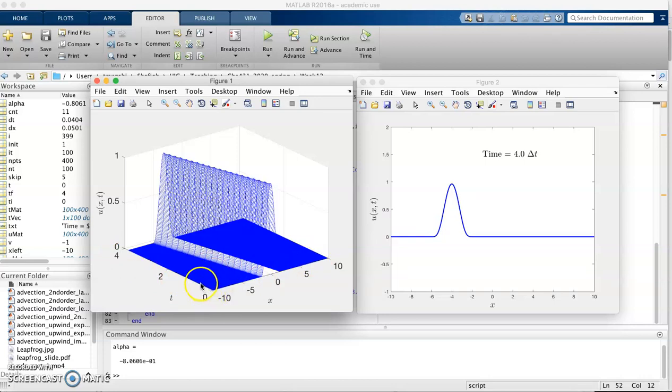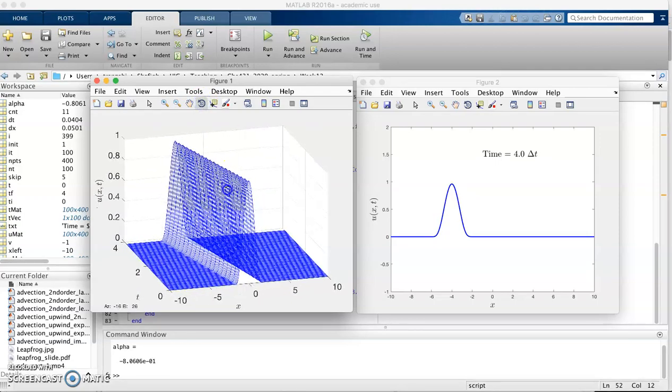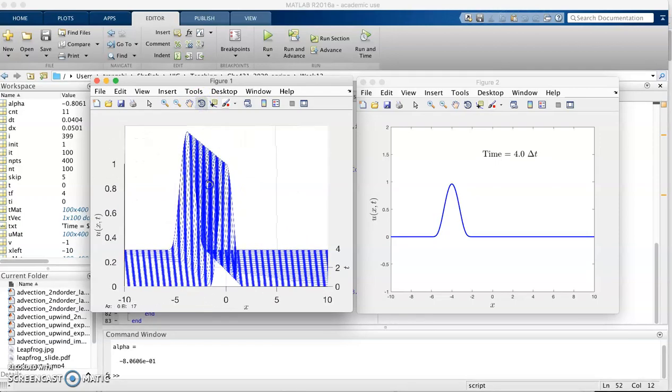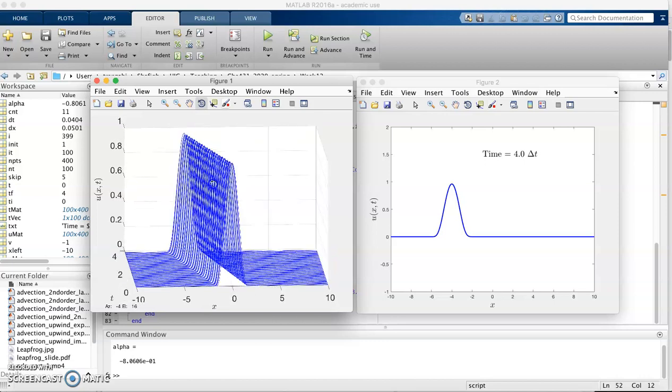At every time that you go across the time axis, you have the distribution, and you see that the distribution actually moves from left to right. If I rotate this, you would see this clearly. So here it is. You see that the wave is going from left to right. I'm sorry, from right to left. This is the x-axis, that's the time axis. So as we go over time, the wave goes from the positive x to the negative x.